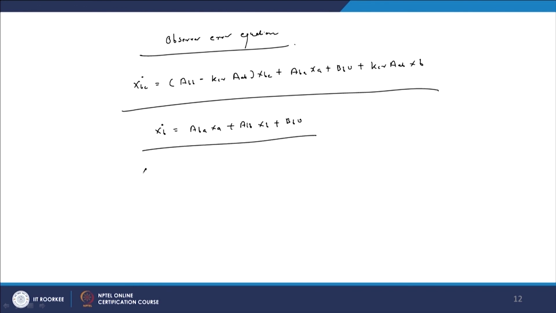So, here we write this as XB dot minus XBE dot. If you subtract this from this, you will get the equation (ABB minus KER into AB) into (XB minus XBE), and this XB minus XBE we can write down as the error, in terms of T minus TE.